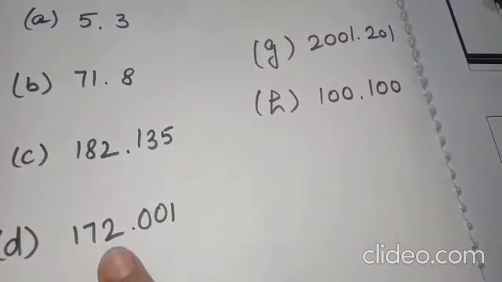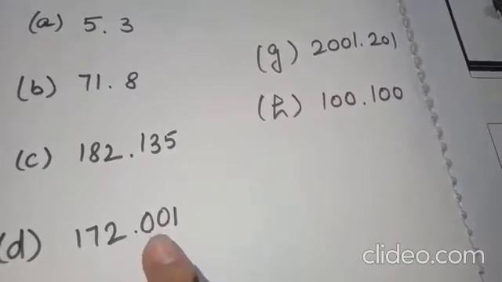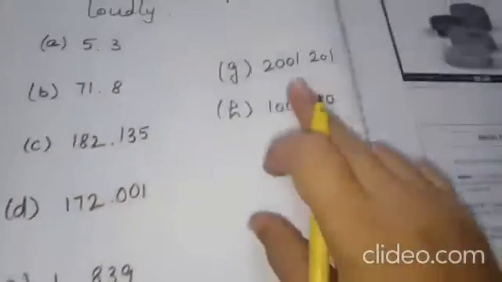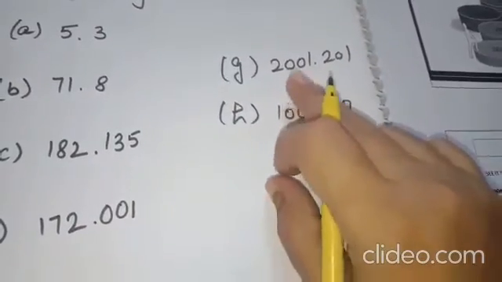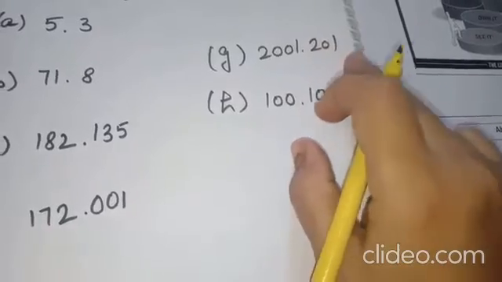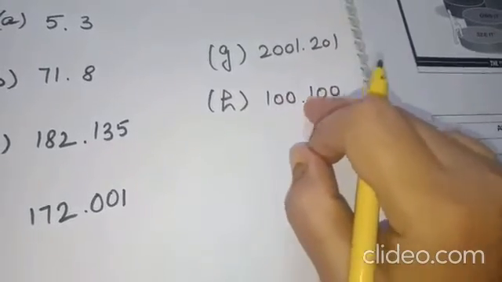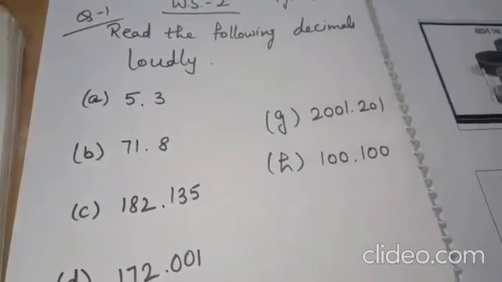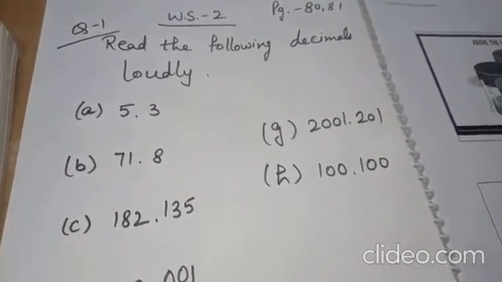Next is 172.1001. In the same way, you can do these also. Come to this part: 2001.201, 100.100. This completes question number 1 of worksheet 2.